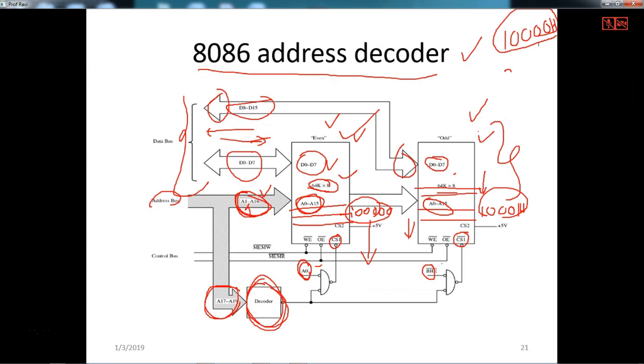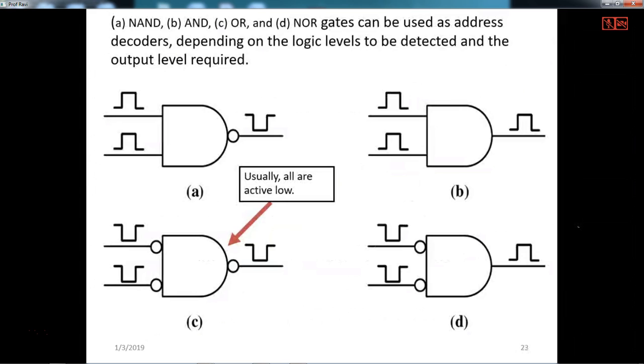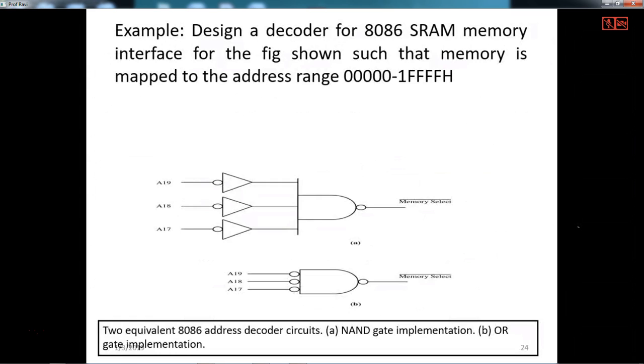So then you need to go for memory mapping. So then you can use simple gates. Right, so here is an example that I mentioned now. Design a decoder for an 8086 SRAM memory interface for the figure shown such that the memory is mapped to the address range 00000H to 1FFFFH.